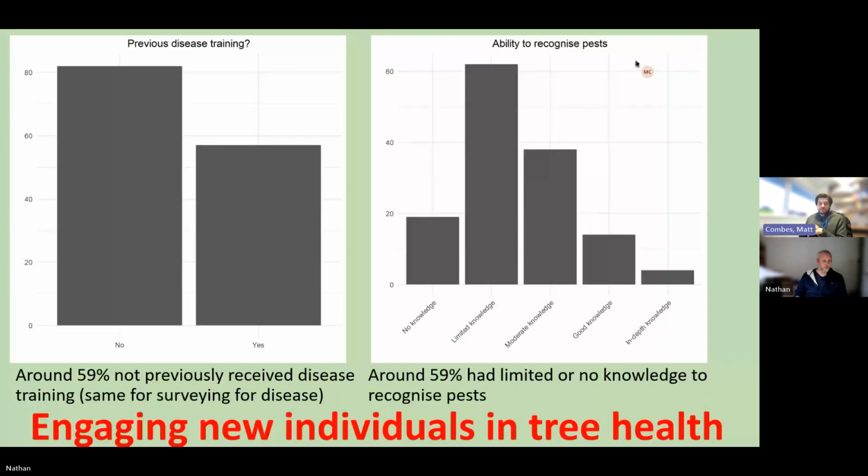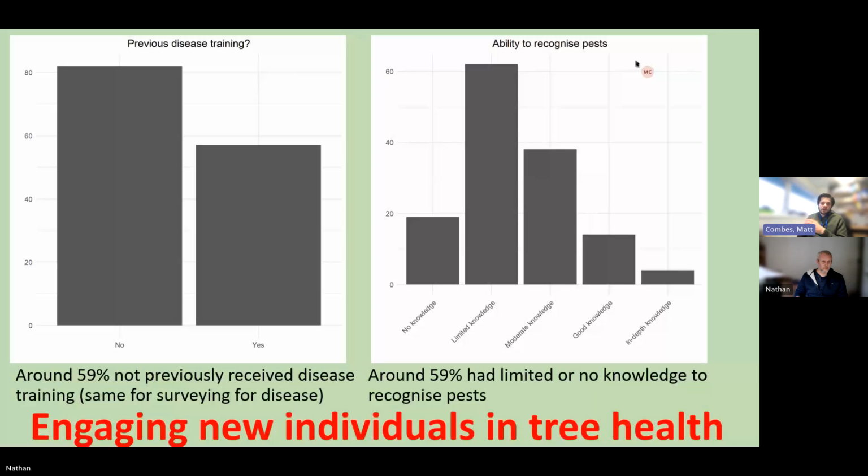As I said, one of the objectives was great because it gave the opportunity to reach out and engage lots of new individuals with tree health. We could see that around 59% hadn't previously received disease training, or around the same for conducting a disease survey as well.